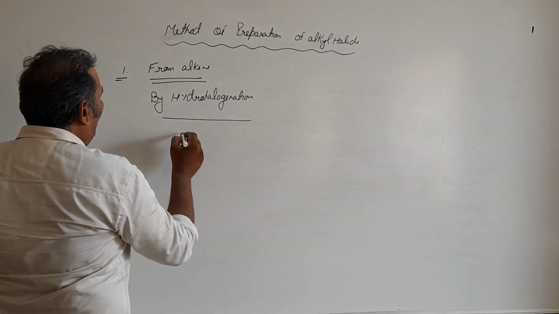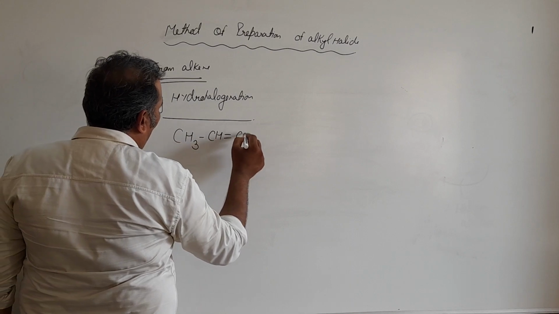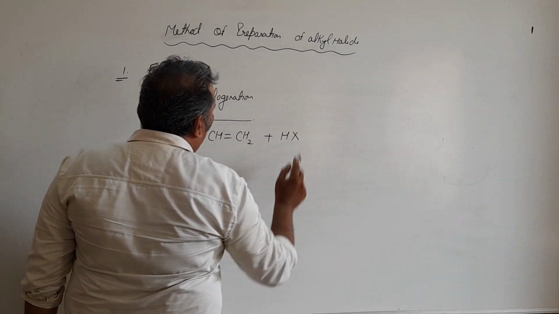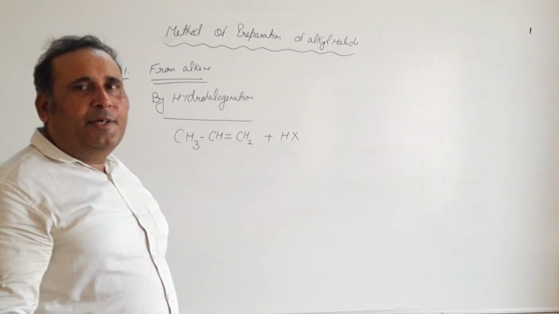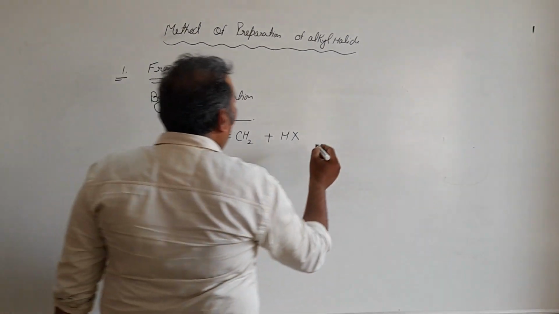For example, if we are taking propene plus HX. HX means hydrogen halide like HCl, HBr, HI, etc.